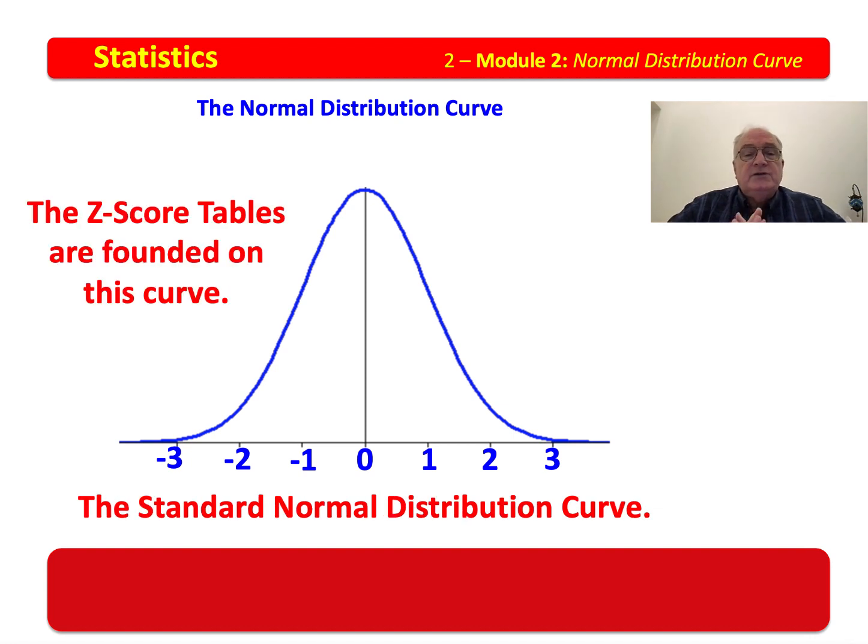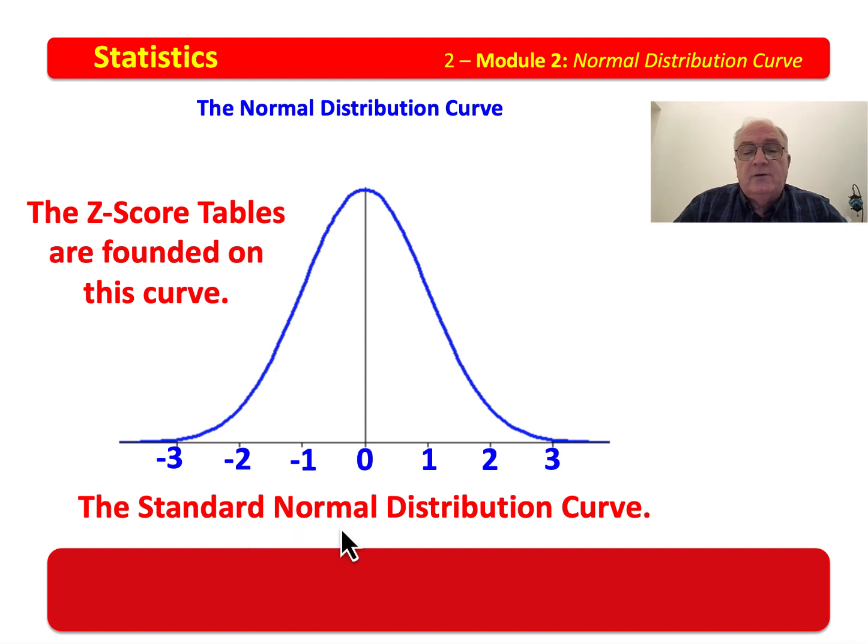We know that the z-scores on this table are founded on this curve. In other words, notice that here we have 1 standard deviation above, 2 standard deviations above, 3 standard deviations above, 1 standard deviation below, 2 below, and 3 below. These values, when they tell us how many standard deviations we are from the mean, are in fact z-scores.